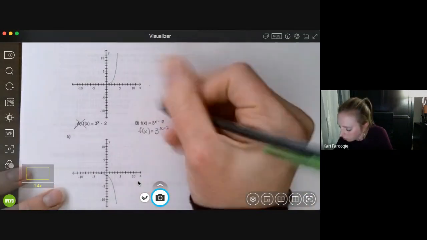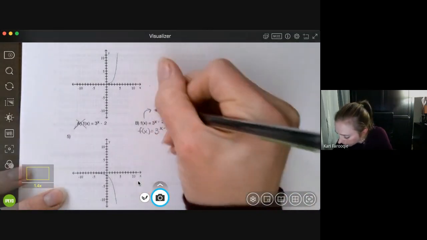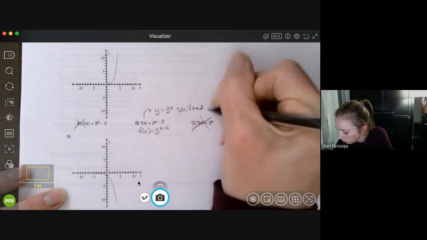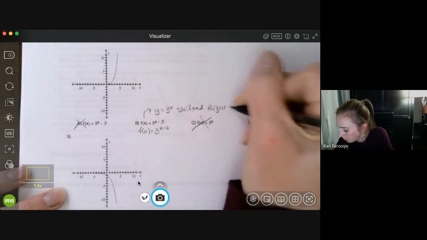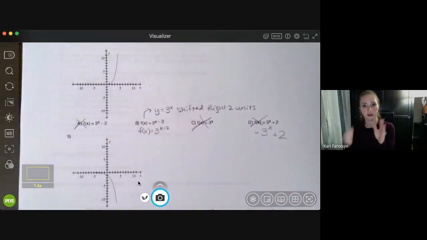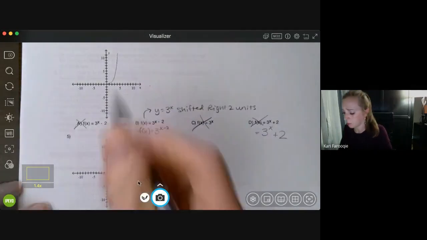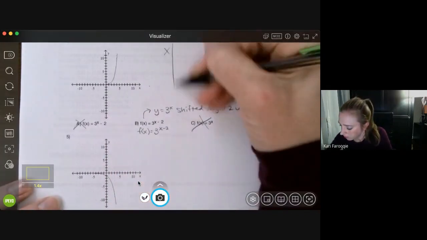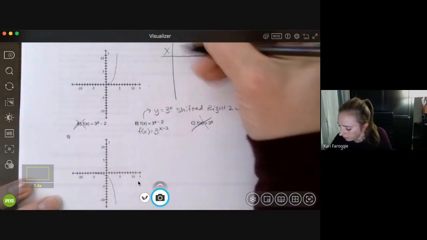So this is your graph of 3 to the x shifted right 2 units, because you're seeing that happening inside that function. Now, you can verify just by setting up a table of values and making sure that you do indeed get the points that are on this graph. So you don't need a whole lot.